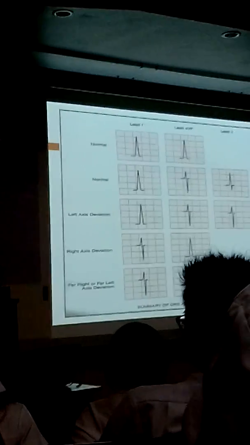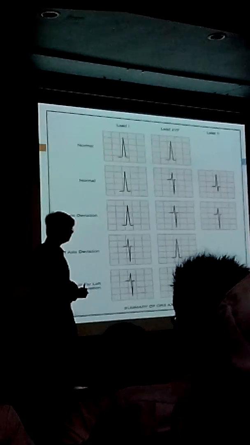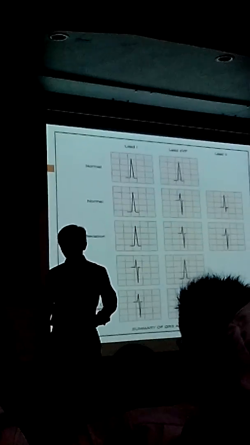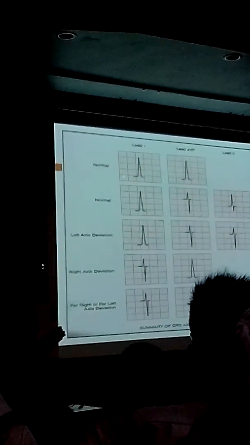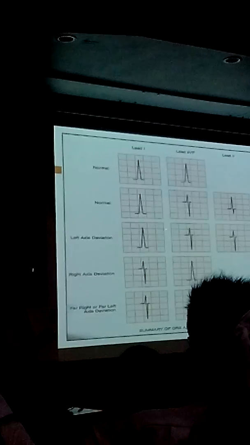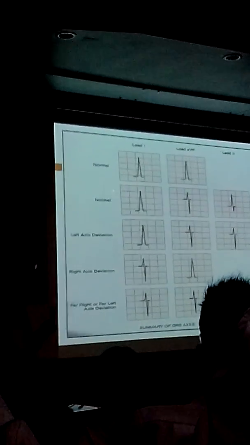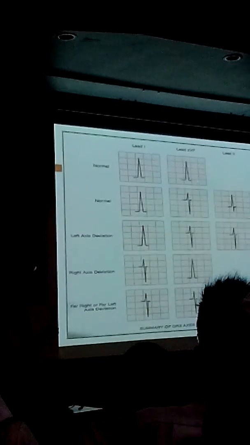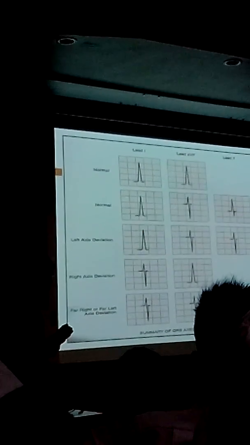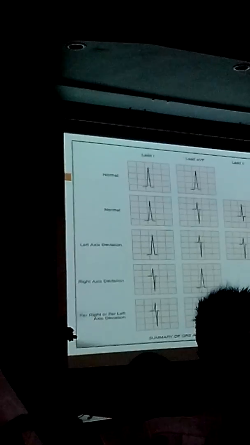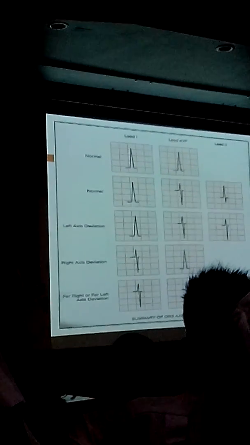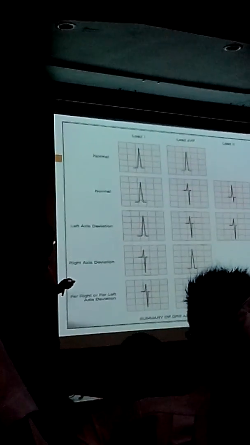Okay. Make use of this one. So try to look at the first figure. So a normal axis should have a positive deflection in your lead 1 and your aVF.